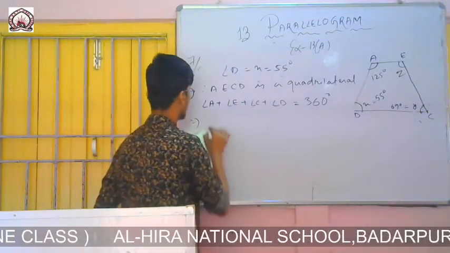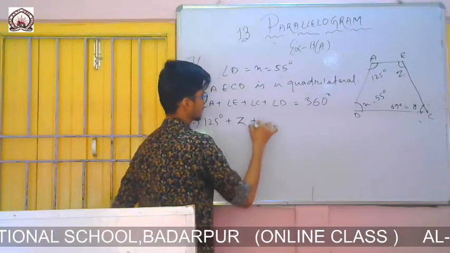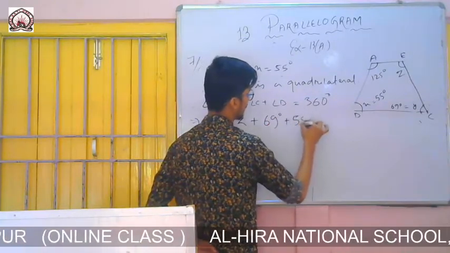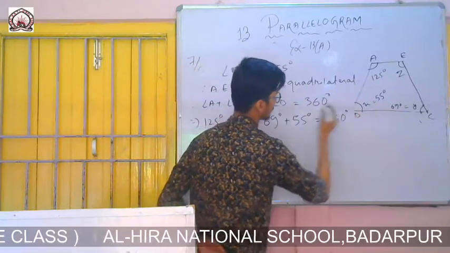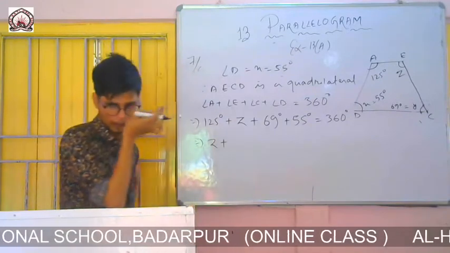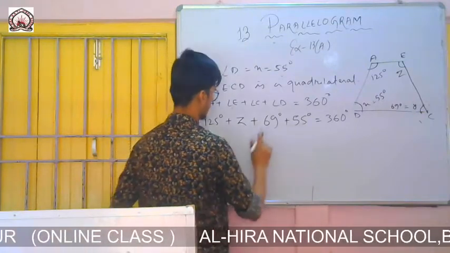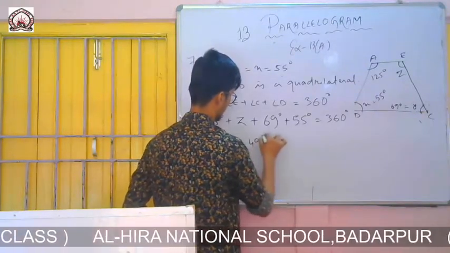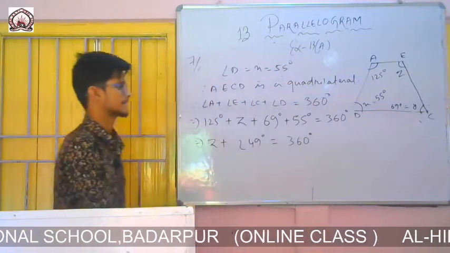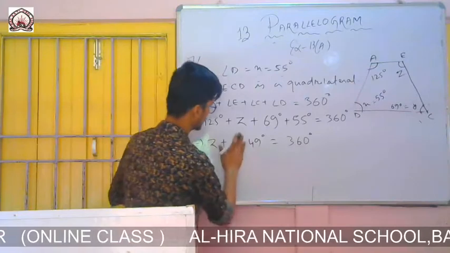Angle A is given 125 degrees, angle E is z, angle C is 69 degrees, angle D is 55 degrees. 125 plus 69 plus 55 is 249 degrees.